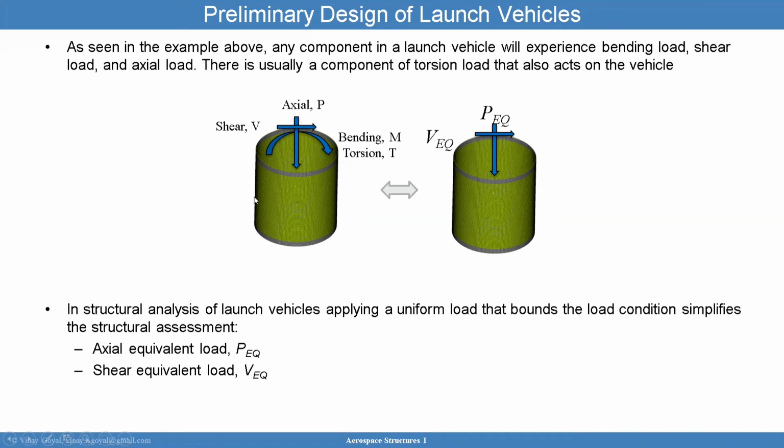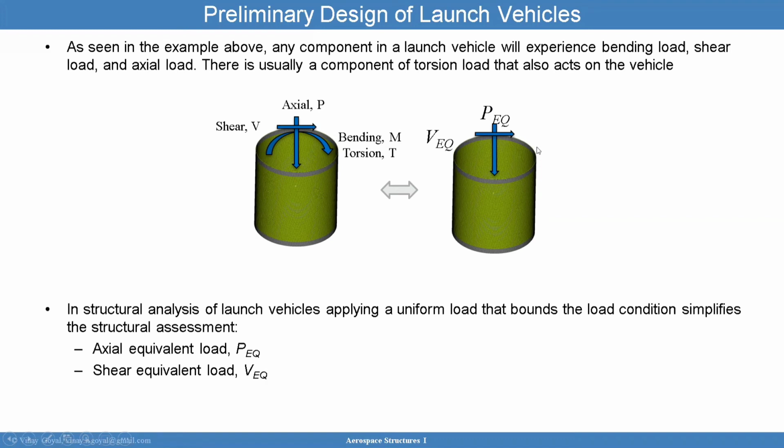So the worst case scenario is that everything is in compression. So therefore, you can come up with an equivalent load that replicates the worst case azimuth. In this case, it will be here because you have axial and bending coming together and adding to each other. So that will give you a P equivalent.